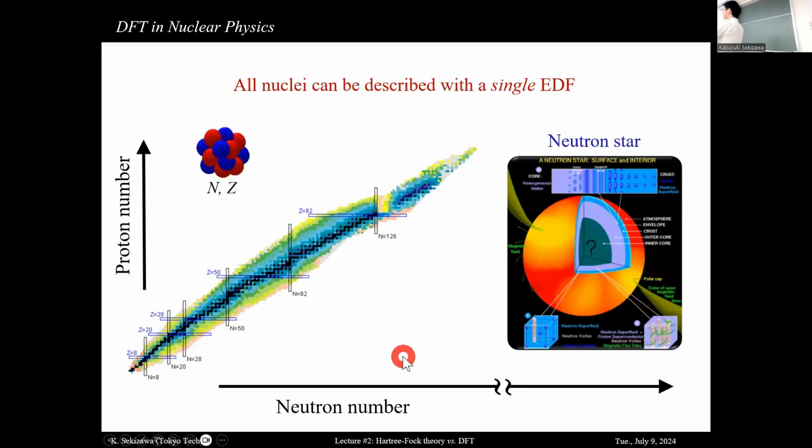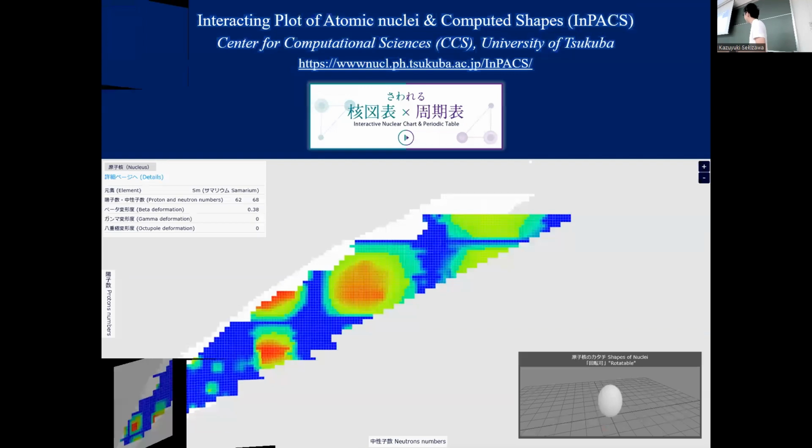By solving the Kohn-Sham equation for specific neutron and proton numbers, we can describe various properties of finite nuclei throughout the nuclear chart, and also nuclear matter properties as well. So it is a very powerful framework.